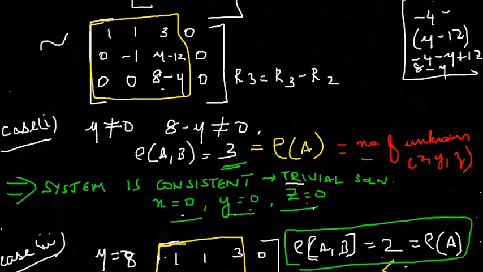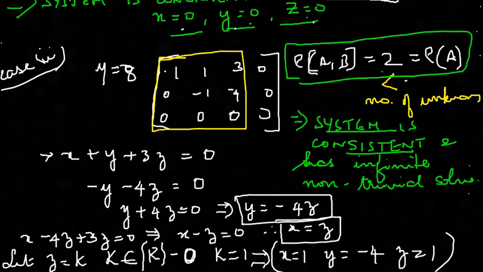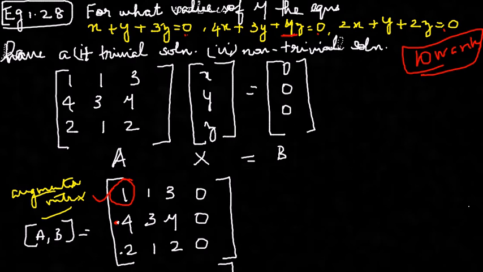And for homogeneous equations, the trivial solution will be x is 0, y is 0, z is 0. And in the second case, the reasoning that you write here is very, very important. That carries the weightage. So this is a very important 10-mark sum, and we will be doing some sums similar to this from the exercise also. Those will be the next sums that we will be doing.